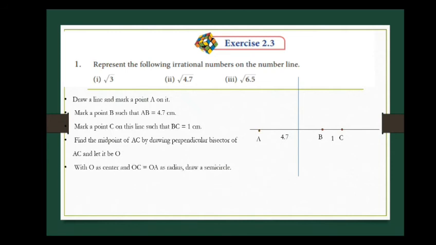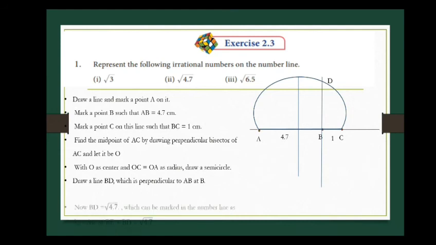With O as center and OA as radius or OC as radius, we have to draw a semicircle. After drawing the semicircle, with B as center, we have to draw a perpendicular line. That perpendicular line will intersect the semicircle at D. Now we have got BD, which is root 4.7.